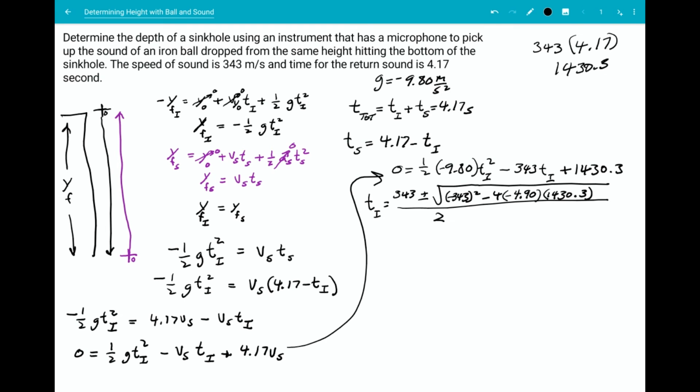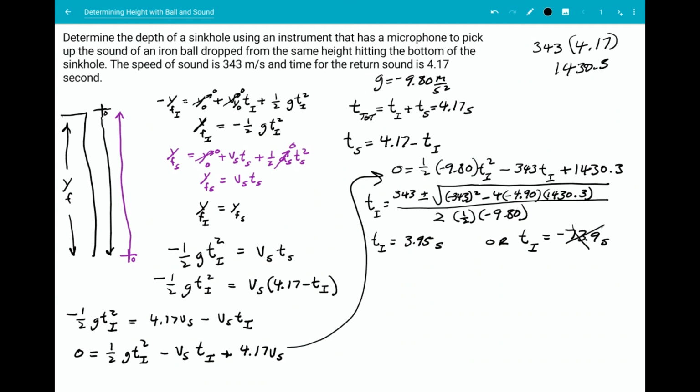And so it's 2 times a, so 2 times 1/2 of negative 9.8. Okay, and the answer I get for that, t i is equal to 3.95 seconds, or t iron ball is equal to negative 73.9 seconds. So that's not going to work. Now, what can I do with this?